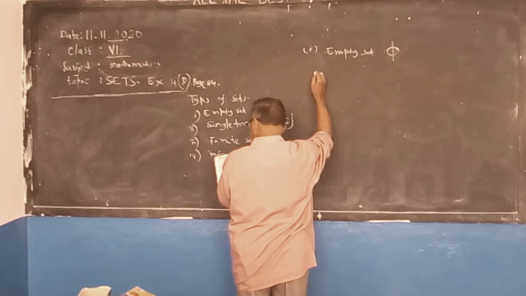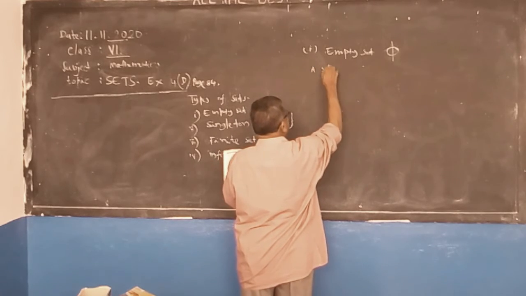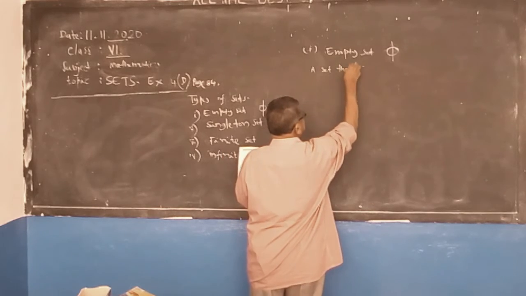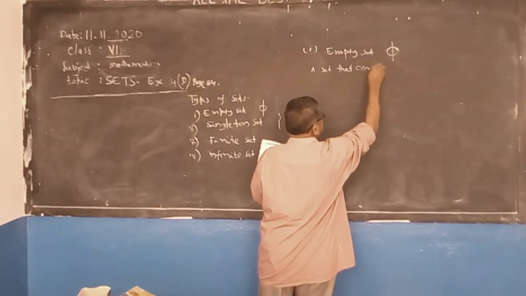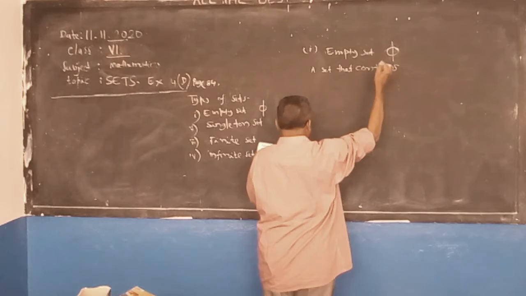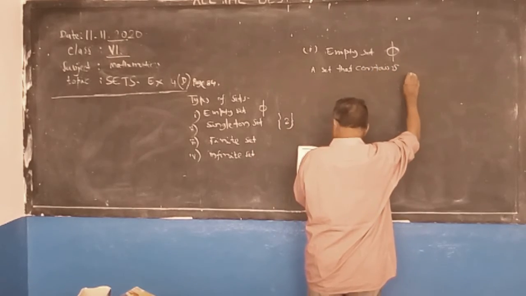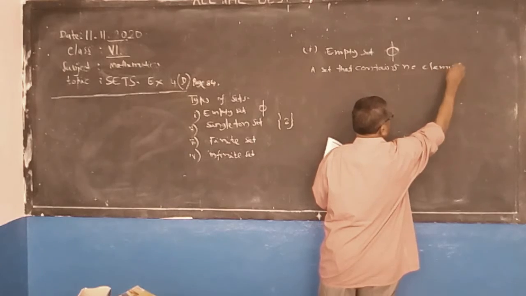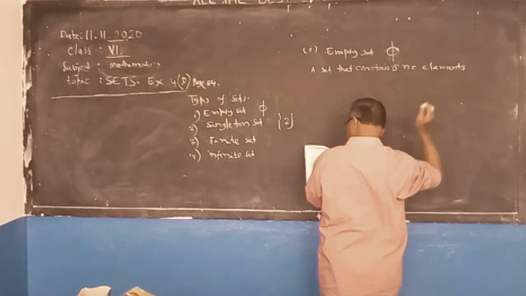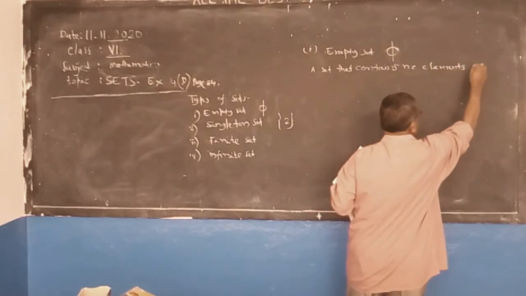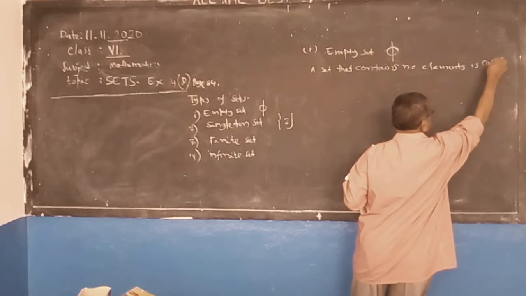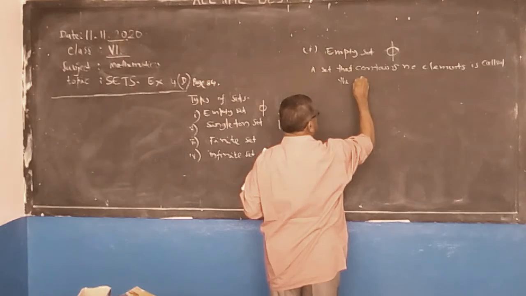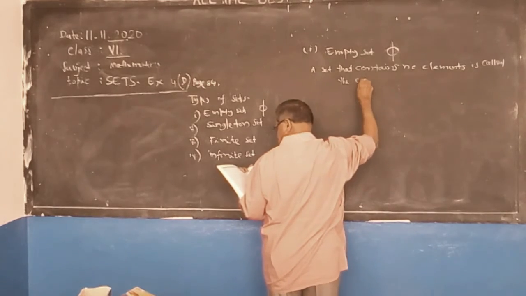A set that contains no elements, no objects, is called the empty set.